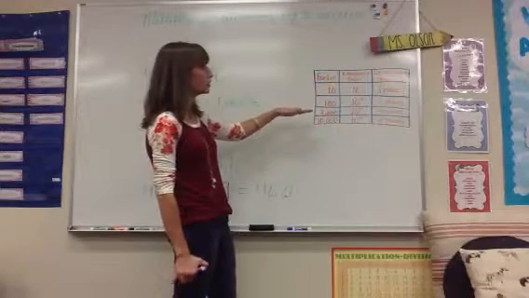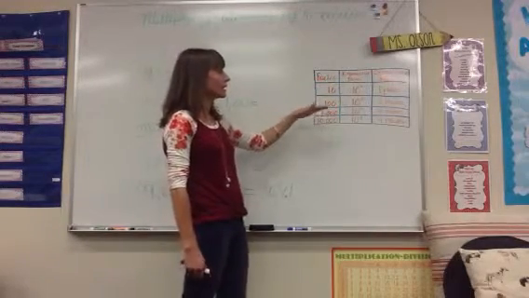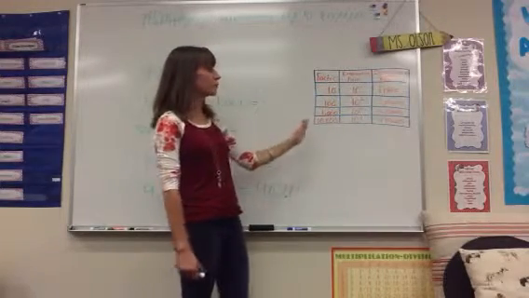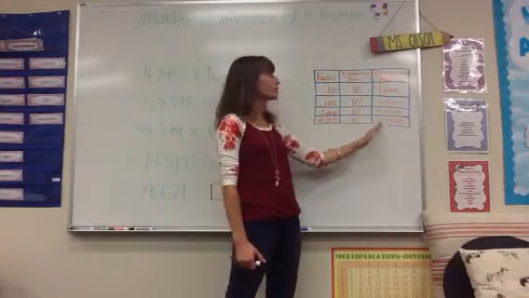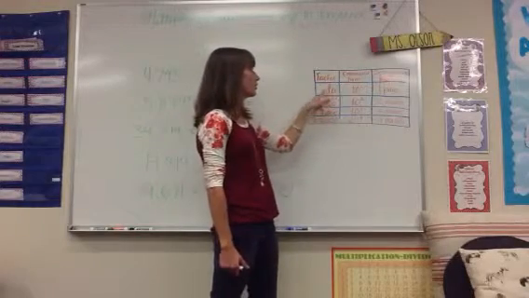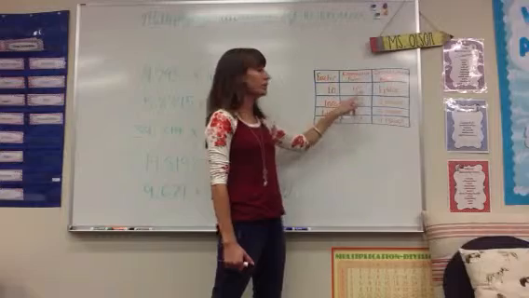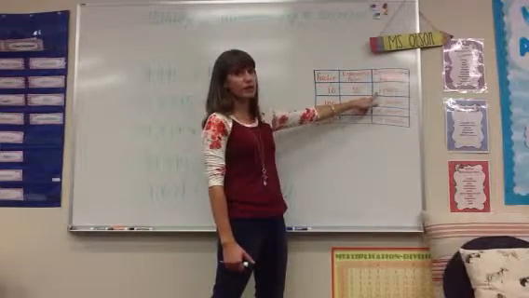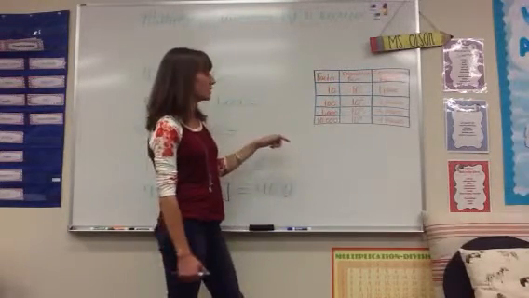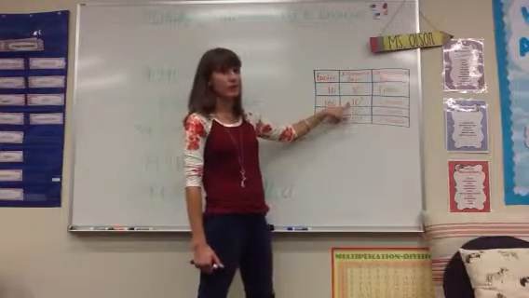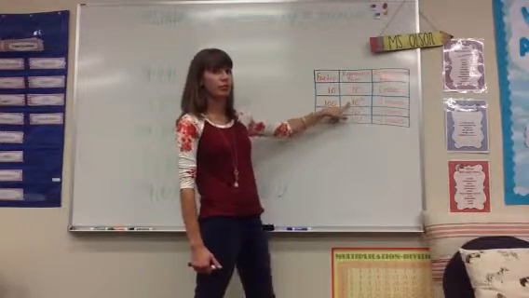Whenever you multiply a decimal by 10, all you have to do is move your decimal point one place over to the right. You're multiplying it by 10, that's 10 to the first power, and you're moving it one place to the right. If you multiply a decimal by 100, that's 10 to the second power, or 10 with an exponent of 2.